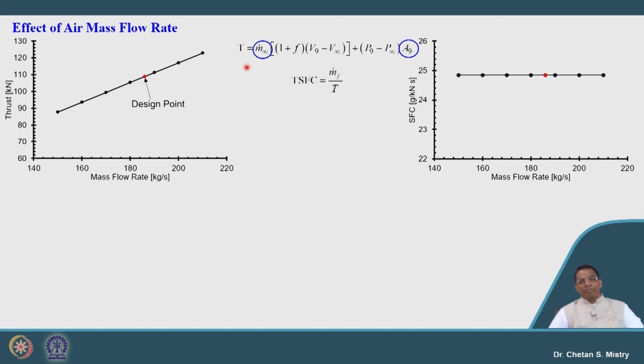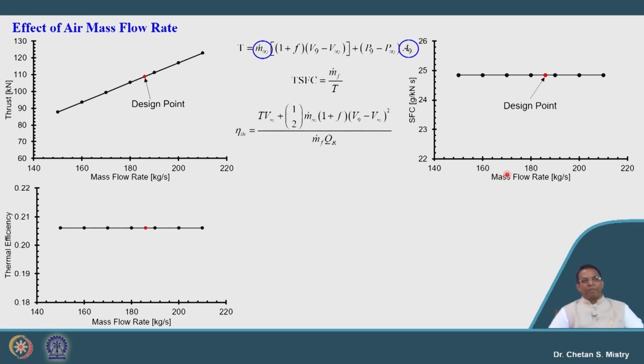In the case of thrust specific fuel consumption, since the mass flow rate is increasing, it does not have much influence on specific fuel consumption. So, this will give you some other indication, which we will discuss as we go along.